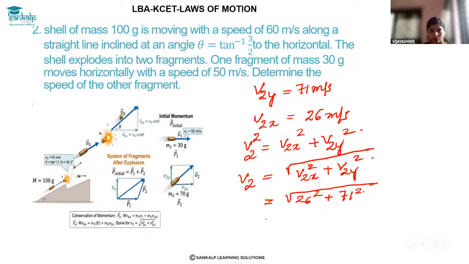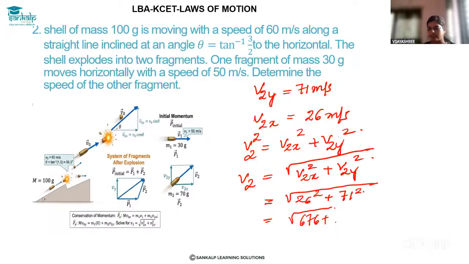Let me calculate 26 square. 26 into 26 is 676.